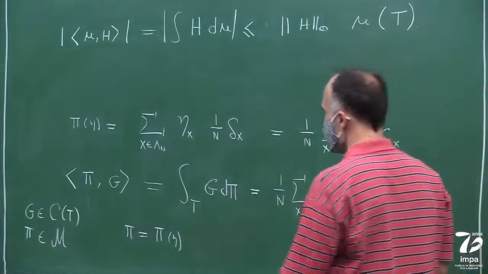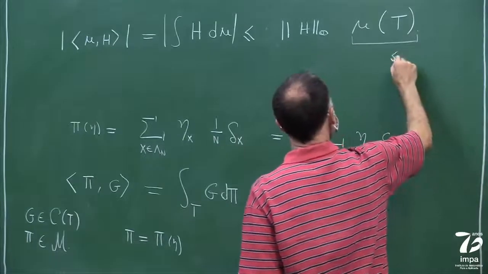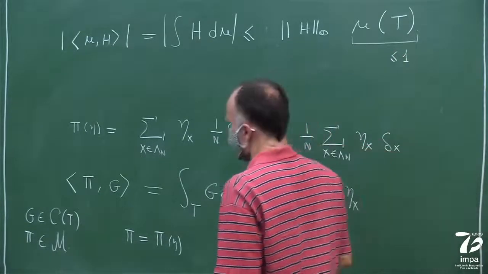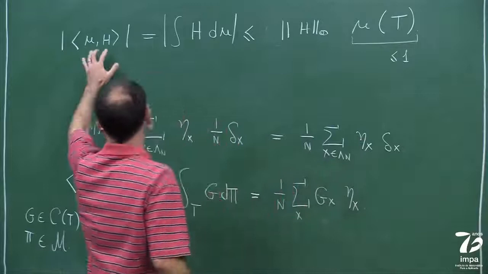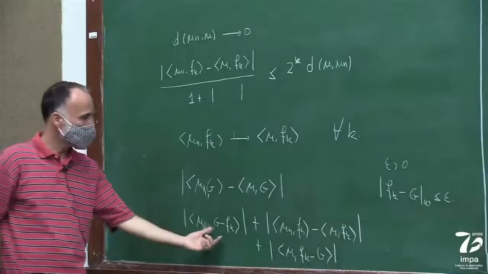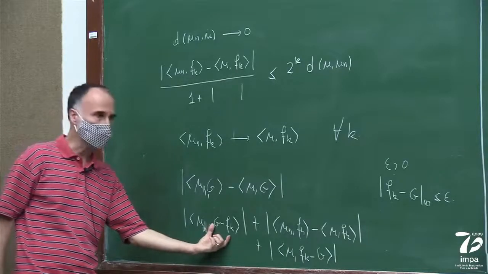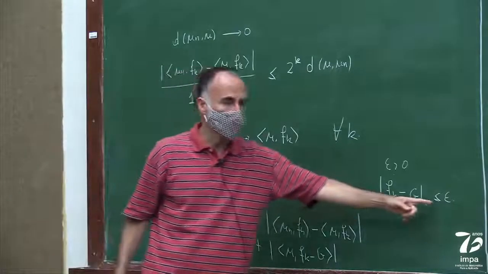But M is the space of measures for which this is bounded by 1. Therefore, I can always bound this integral just by the L infinity norm of h. So if I go back here, I can bound this first term by the L infinity norm of g minus fk, but this is bounded by epsilon.